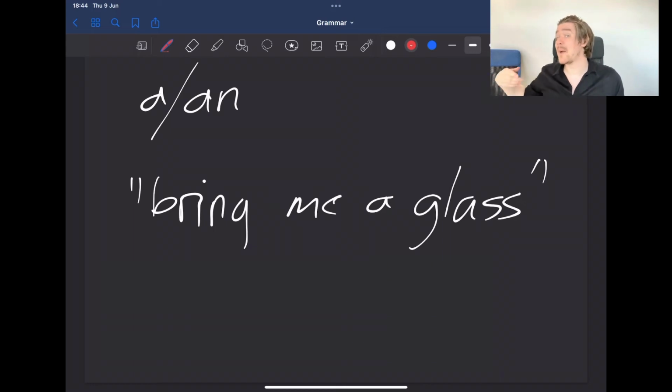Then I'm referencing my specific glass. So that's the difference. Definite is specific. I know which item I'm thinking of, and the receiver or the reader also knows. Indefinite is, I don't have a specific item that I'm referencing, and it doesn't matter.